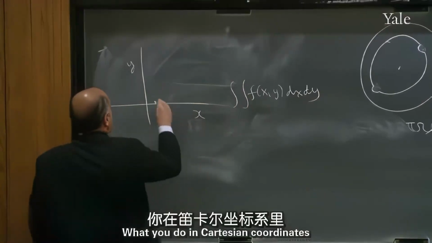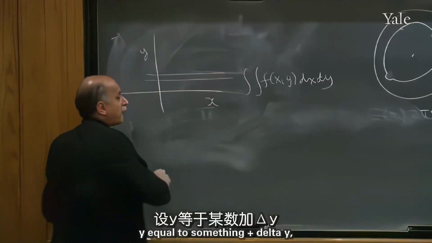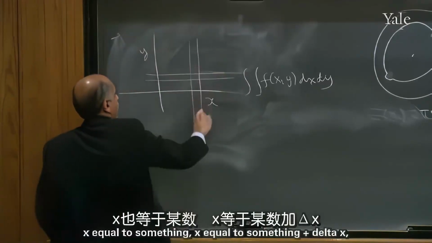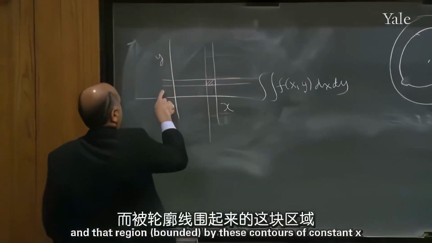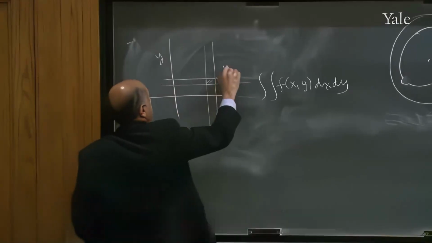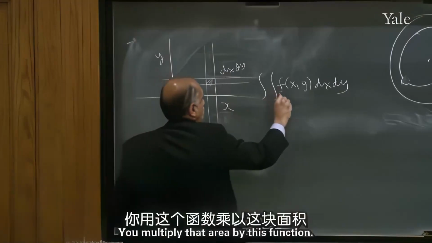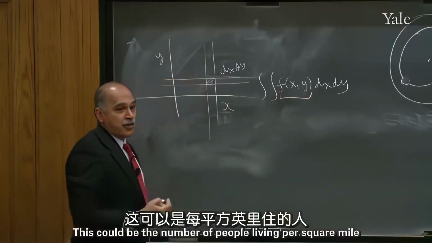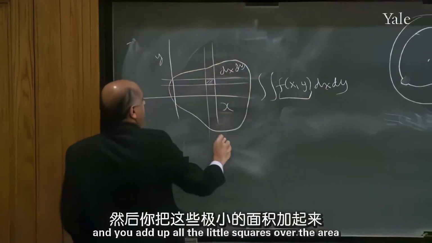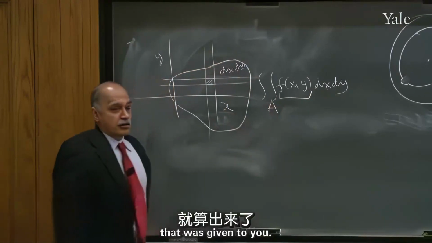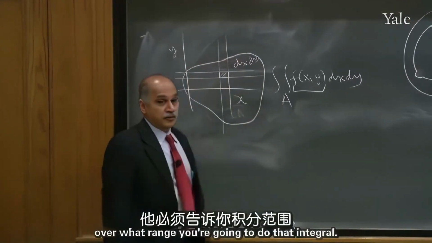What you do in Cartesian coordinates is you take a line y equal to something plus delta y, x equal to something plus delta x, and that region, bounded by these contours of constant x at different values and constant y at different values, has an area dx dy. You multiply that area by this function. This could be the number of people living per square mile, and this could be the number of square miles. And you add up all the little squares over the area that was given to you. So whoever tells you to do the integral better tell you over what range you're going to do that integral.